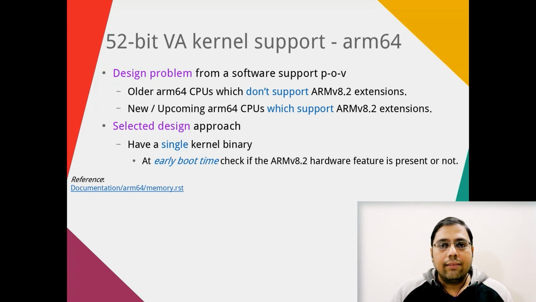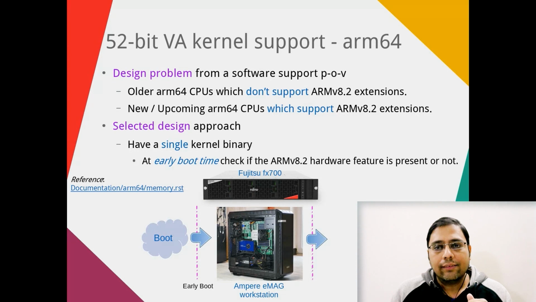So let's take an example of two platforms: the Ampere eMAG ARM64 workstation, which doesn't support the new extensions, and the newer Fujitsu FX700, which claims support for the ARMv8.2 extensions.